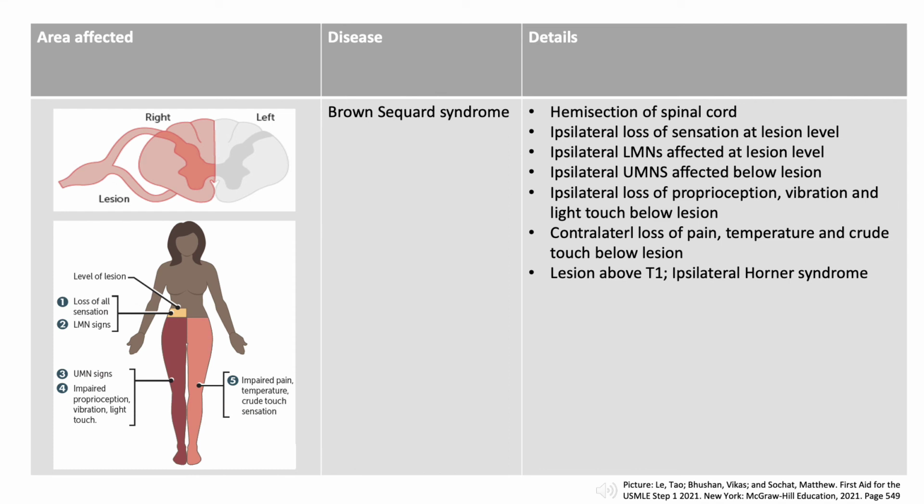Then you have ipsilateral loss of proprioception, vibration, and light touch below the lesion because there is damage of the posterior columns, which transfer this type of information in the spinal cord from the same corresponding side of the body. And you have contralateral loss of pain, temperature, and crude touch below the lesion.